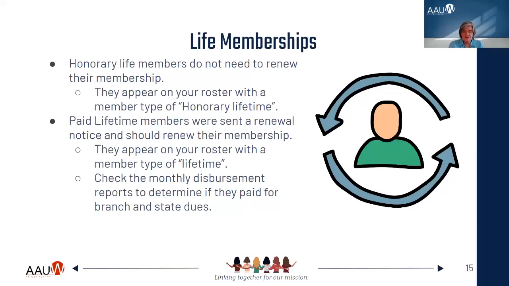What you're going to have to do is pay attention when you look at your disbursement reports, see if they actually paid branch and state dues, and then you may have to do an individual follow-up with them to be sure that you have the correct information and they've renewed for the state and the branch. So that is one little piece where you will have to follow up specifically on them. All right, let's go to the next slide.